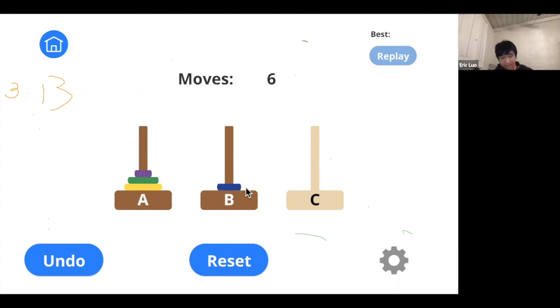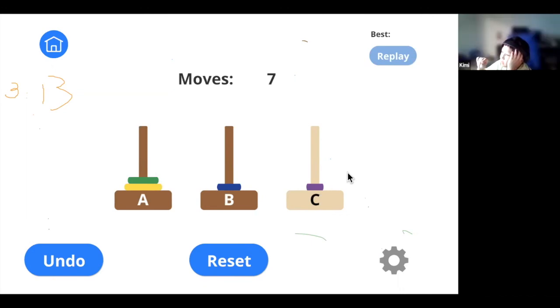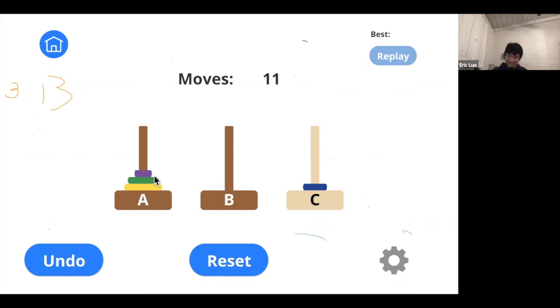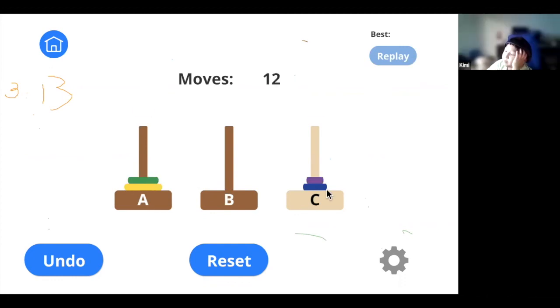Purple to C. Purple to B. And then, oh, I got it. Purple to B, purple to A. Oh, yeah. Purple to C and then A. And then blue to C. Purple to, no, C. Green to B. But we can't move green to B, remember?